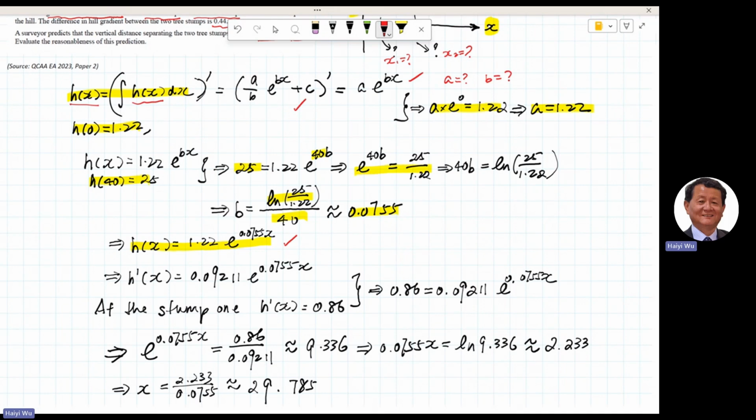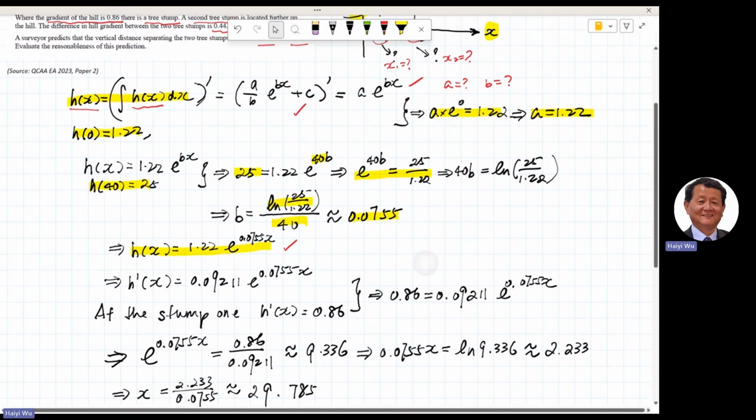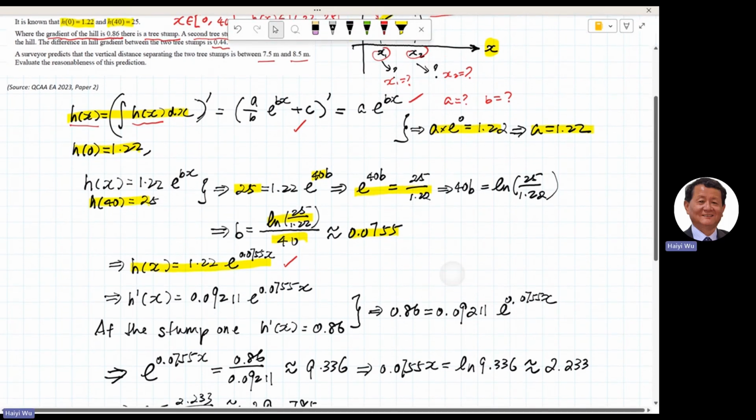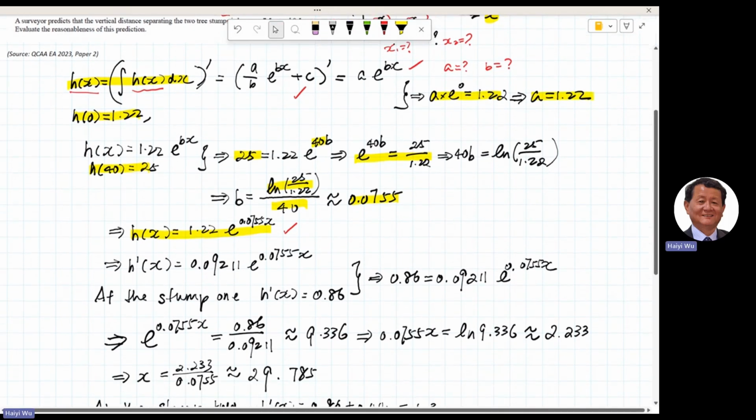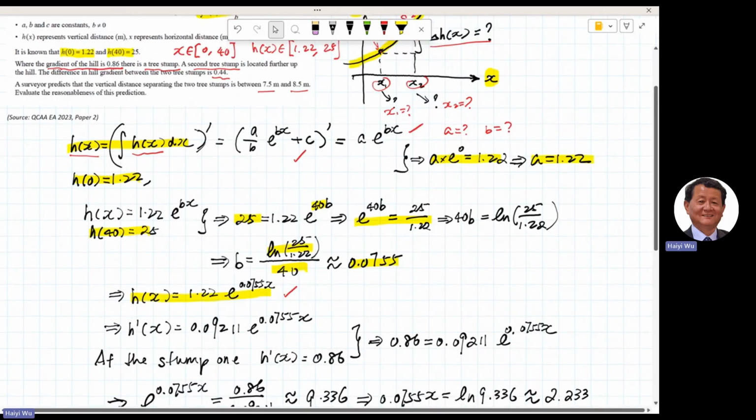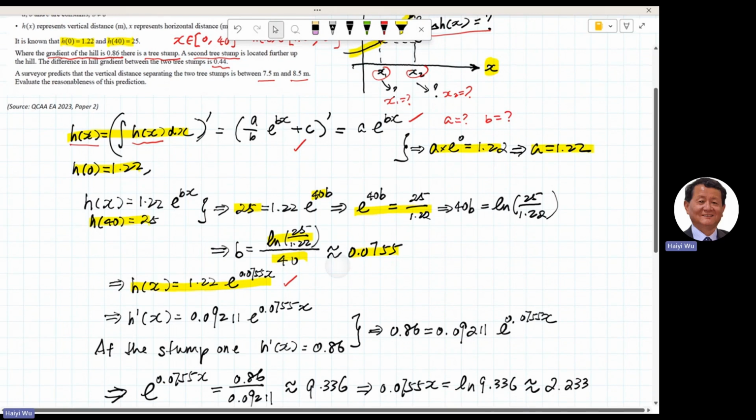Now we need to find the two x's, so we need the stumps. When is stump 1? When is the x, the horizontal distance? How do we know x1? We need to use the condition that the gradient at stump 1 is 0.88.